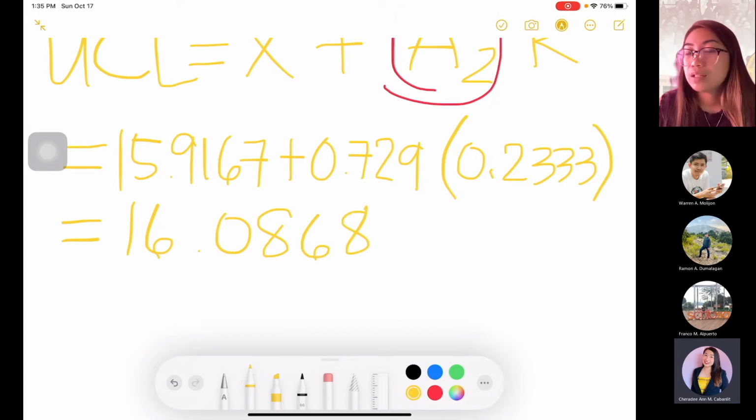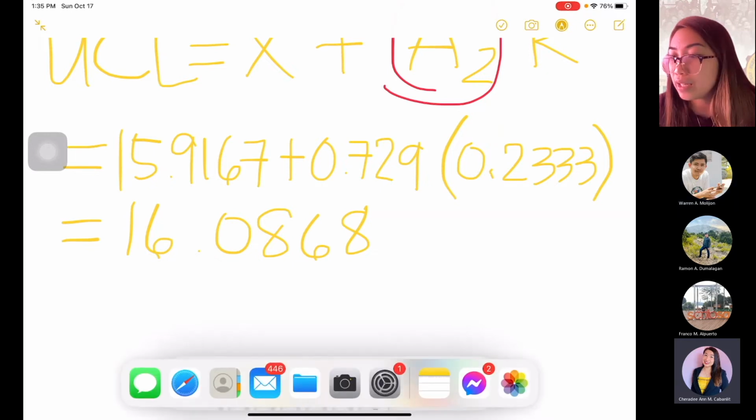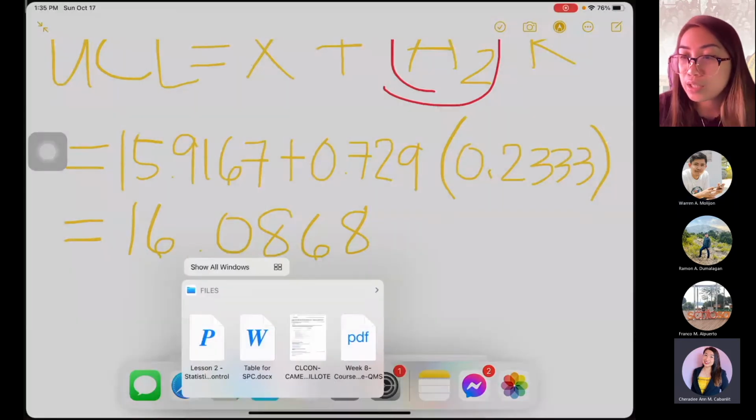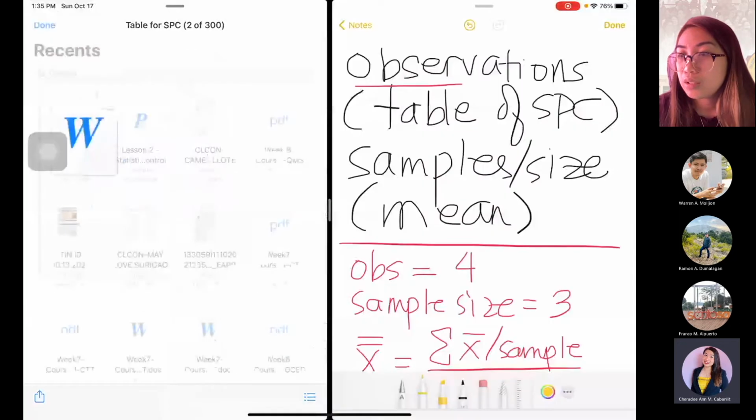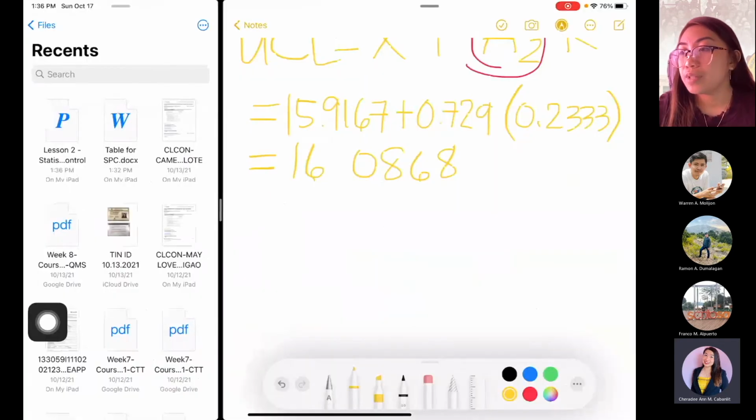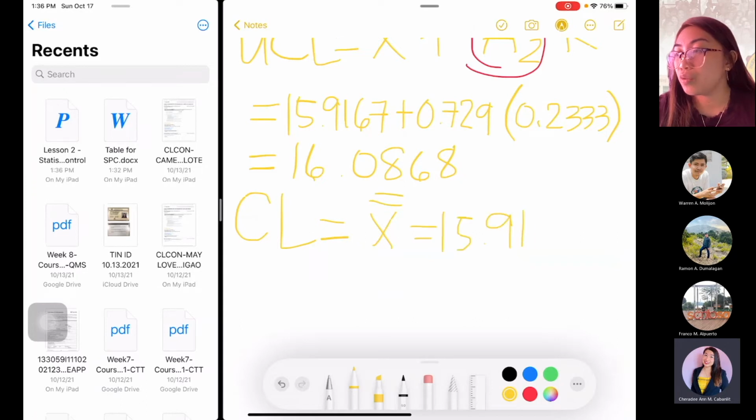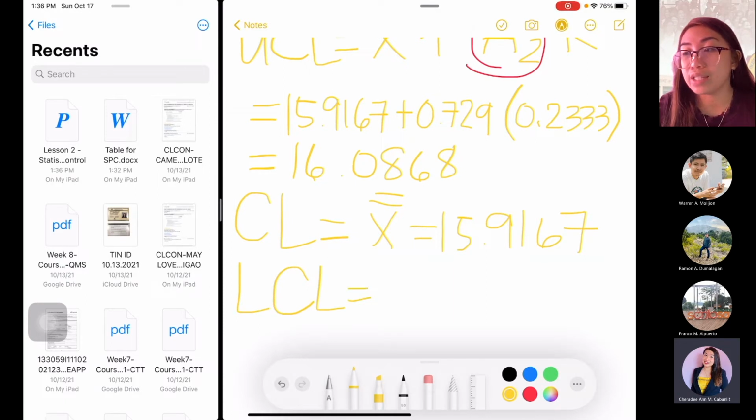Yes, ma'am. Let's check the given. CL is obviously just the bar X, which is equivalent to your double bar X, 15.9167. And for your LCL, it's already minus this time.